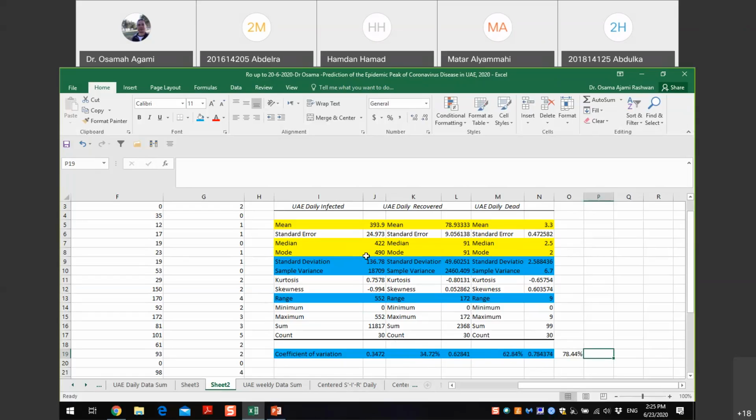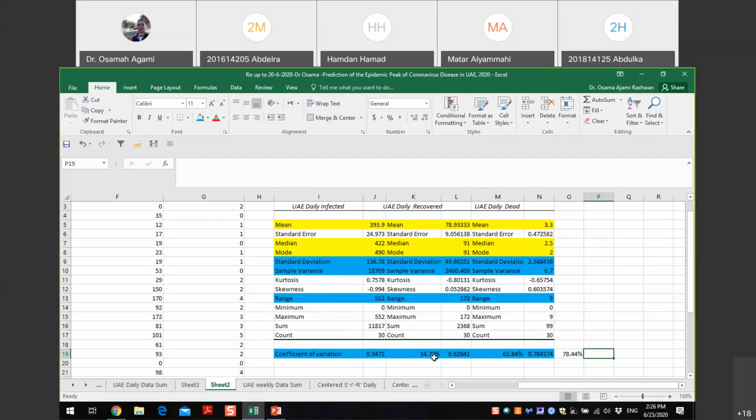So the yellow one again is the central tendency measurement: mean, median, mode. The blue ones are the measurements of dispersion or variation, which are the range and the standard deviation. But you have one not included here, which is called coefficient of variation. Once you know the mean and the standard deviation, divide by the mean and you get the coefficient of variation.